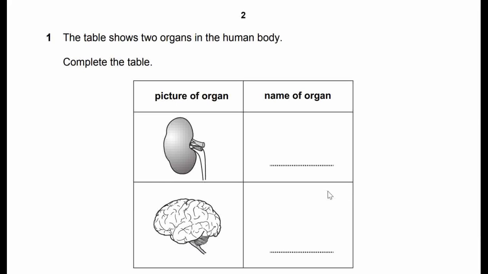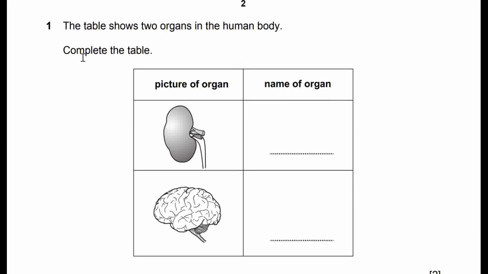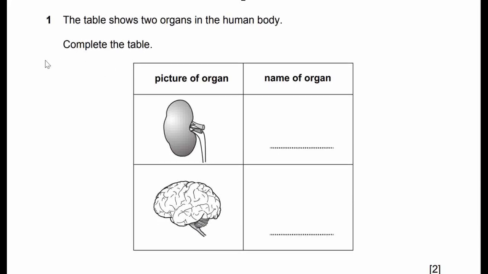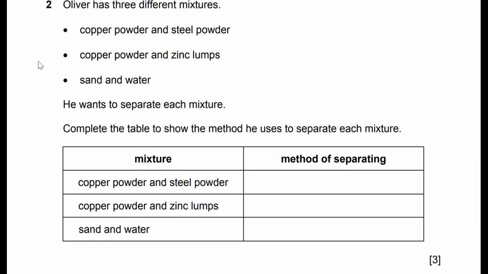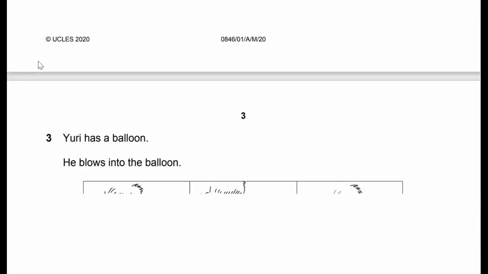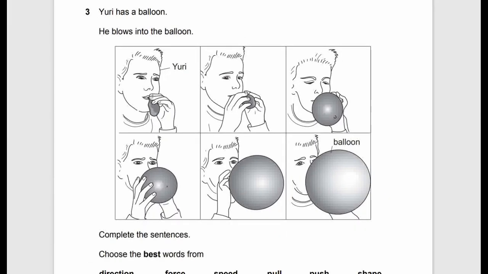You may take a screenshot of the questions and try to answer first. So this is number 1. This is number 2. This is number 3. Let me zoom out.